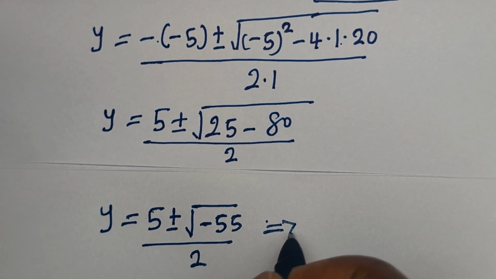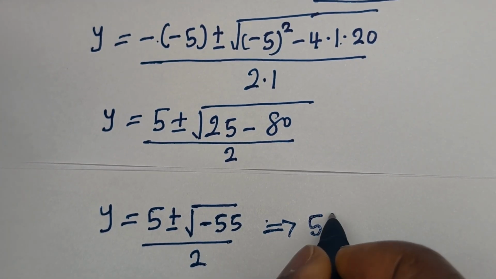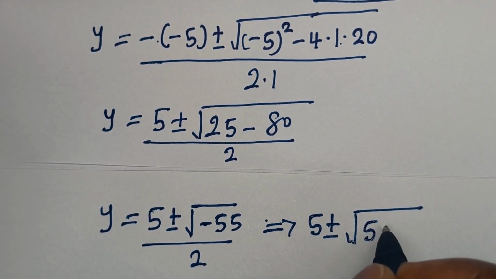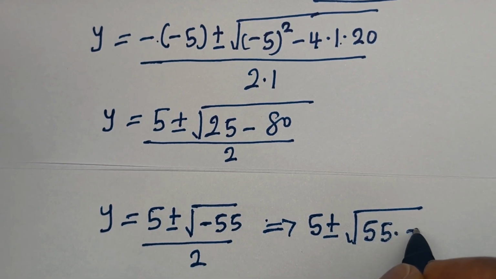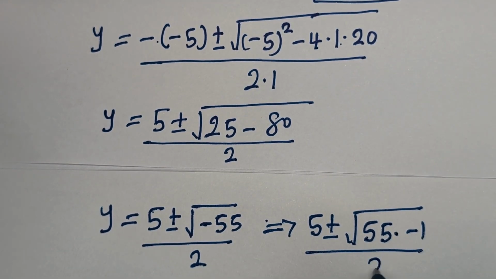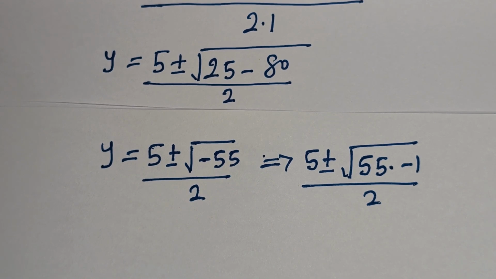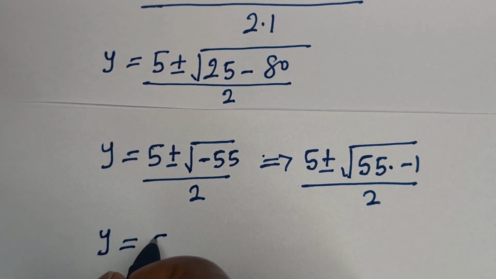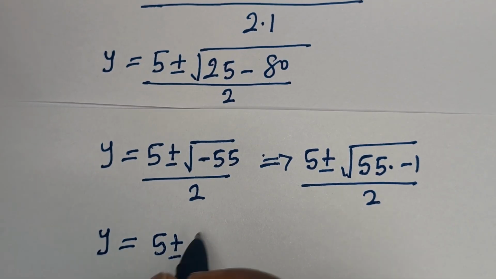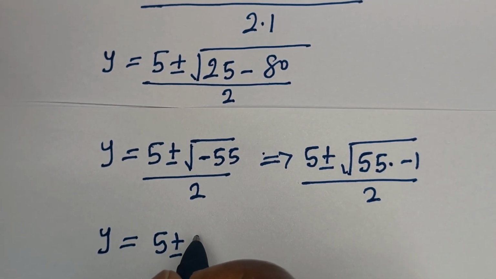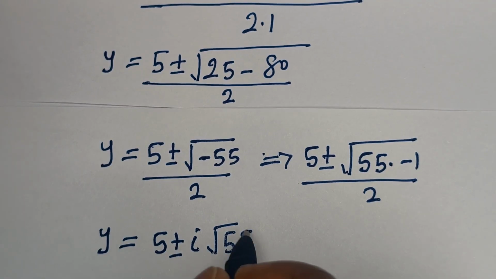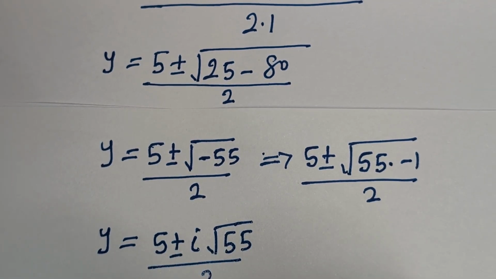And this is the same thing as 5 plus or minus square root of 55 multiplied by minus 1, over 2. y is equal to 5 plus or minus square root of minus 1 is i, root 55, over 2.